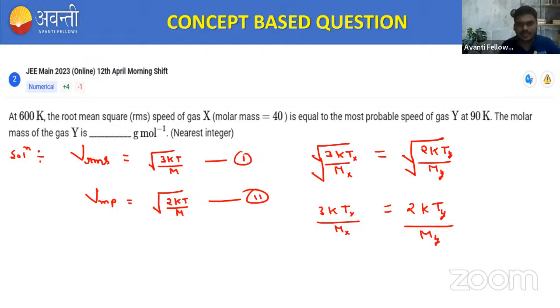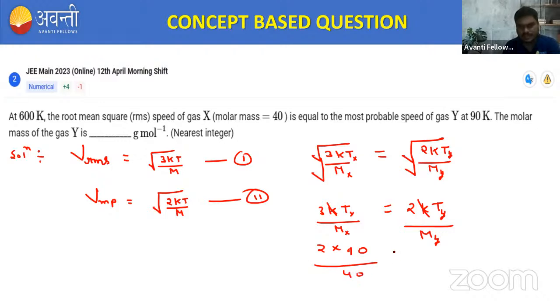In this question they're asking us to calculate the value of my. We know all the values except this, so we just need to calculate it. This k and this k cancel, so 2 into Ty. What is the temperature of y? 90 Kelvin. So 2 into 90. What is the molecular mass of X?